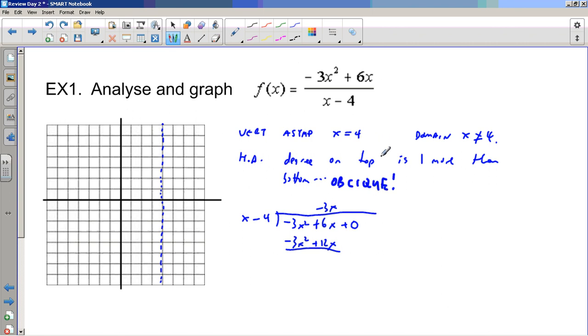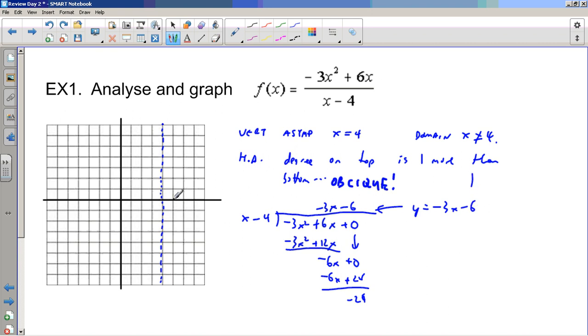So I subtract and then bring down the 0 and -6 here, plus 24, subtract is -24. And so there's my oblique asymptote, y equals -3x minus 6, which is pretty nasty.